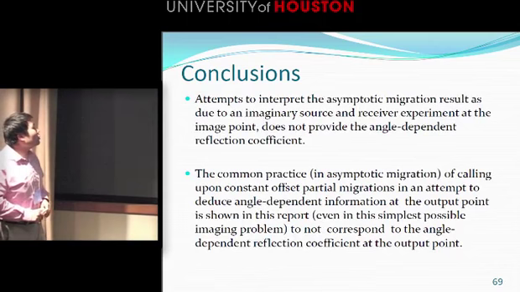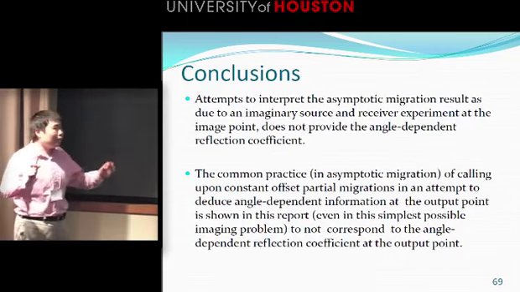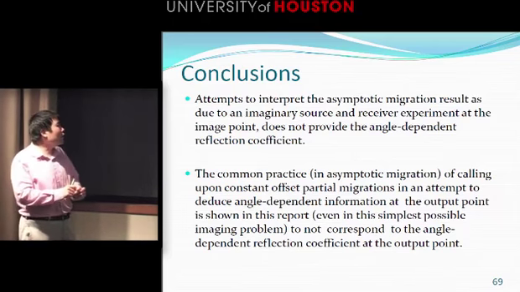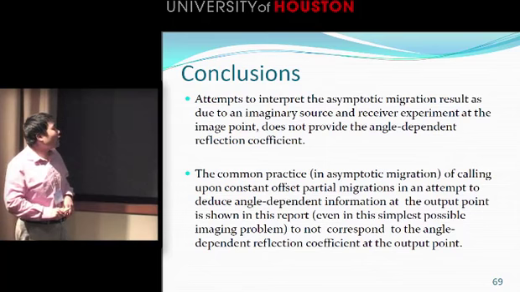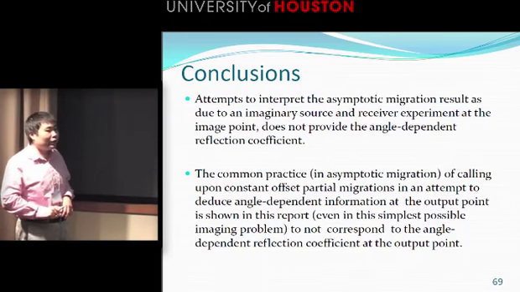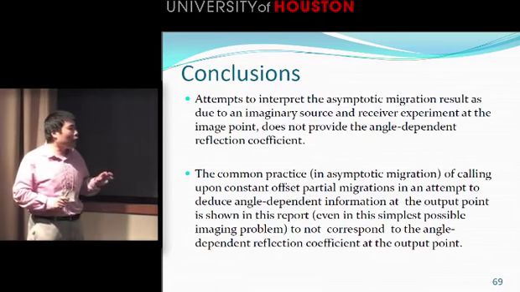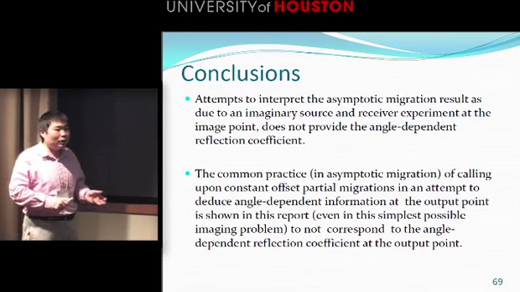And the attempt to interpret the asymptotic migration result as a subsurface experiment corresponding to source receiver coincidence does not provide the angle-dependent reflection coefficient or angle-dependent amplitude information. This conclusion is for the first way we tried to give some help to asymptotic migration.